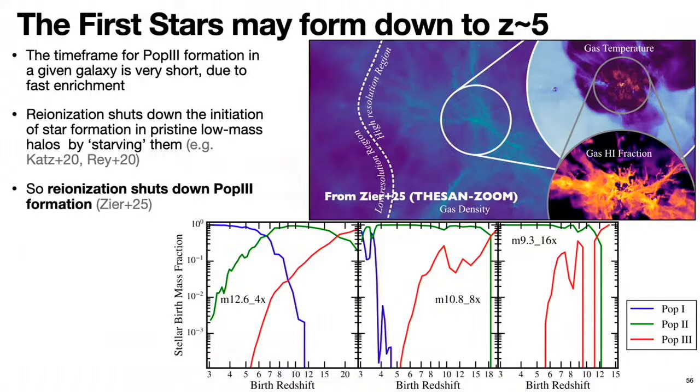They find pristine gas star formation happening in these satellite galaxies down to a redshift of about 5. Then at this redshift, star formation in these low mass halos shuts down due to starvation from reionization feedback. After that time, you don't have any pristine low mass halos forming stars anymore.